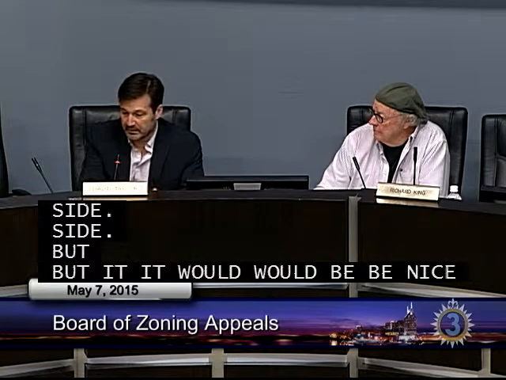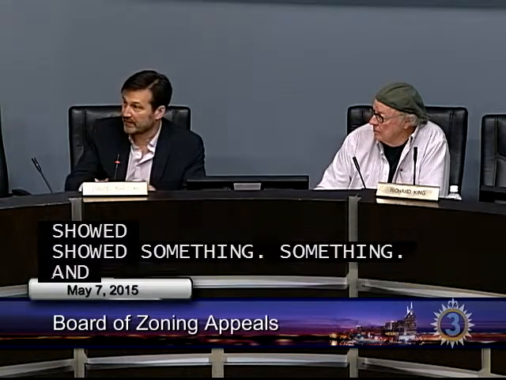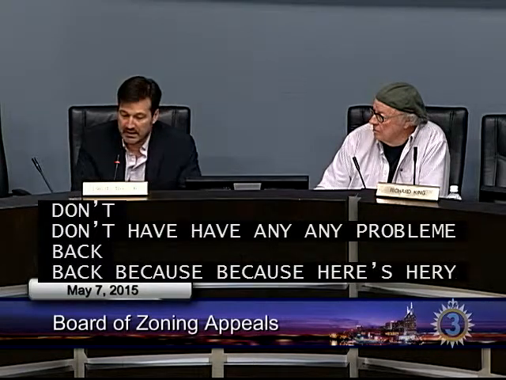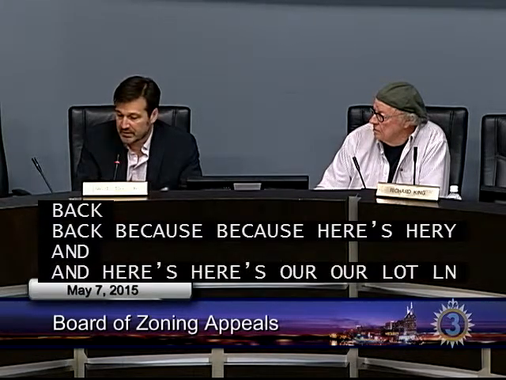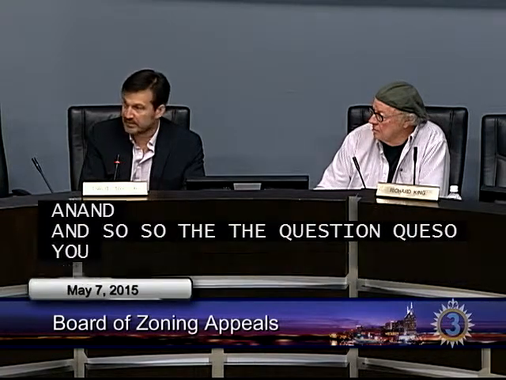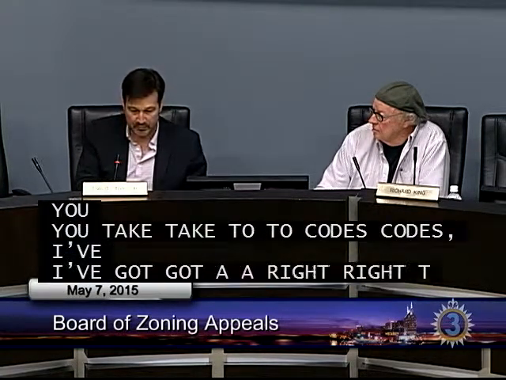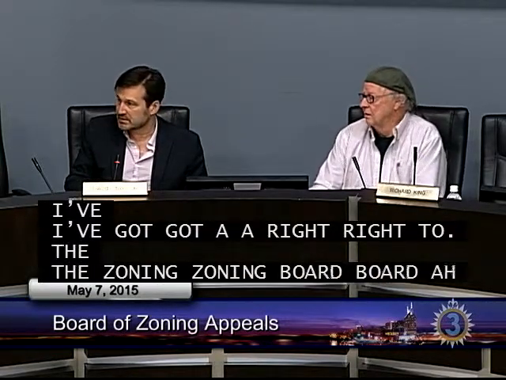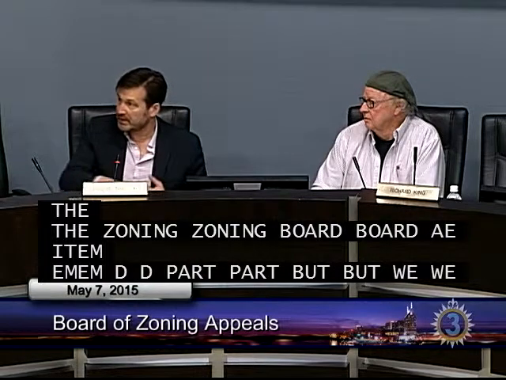And the appellant said, no, we don't have any problem with the back because here's their survey and here's our lot, and you can see that there's no problem. And so the question is, what do you take to codes to say, hey, I've got a right to build here? The zoning board approved the item D part, but we need not just the opposition's survey, but we need something from our own.